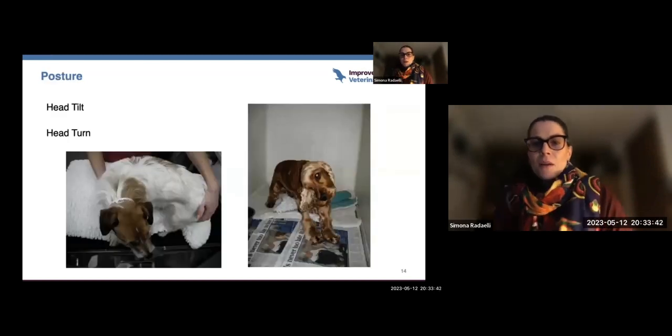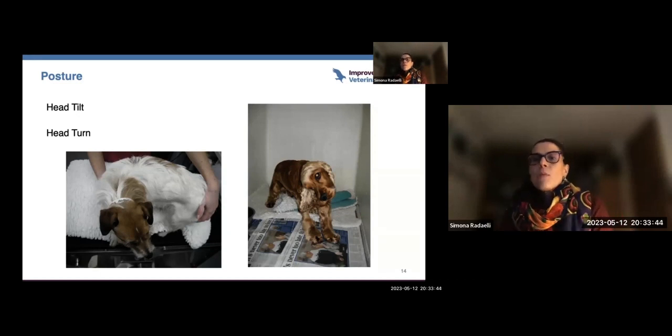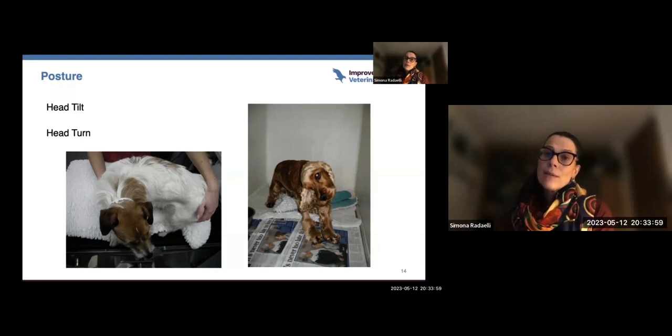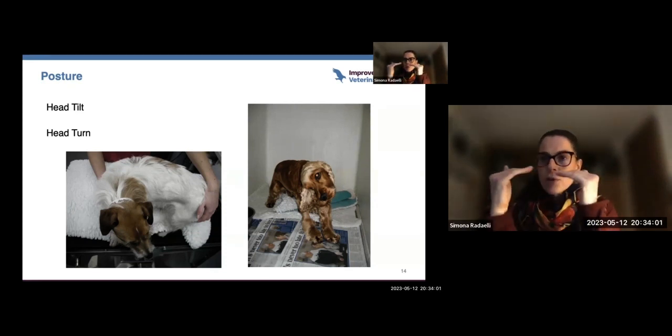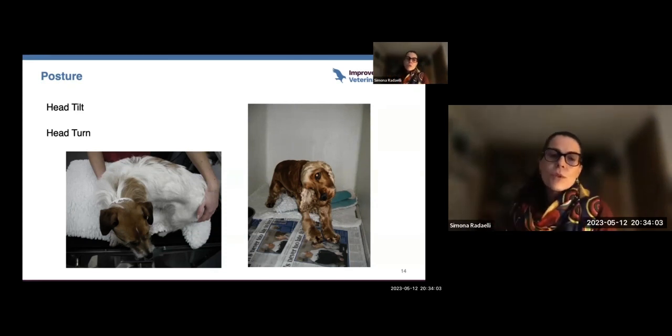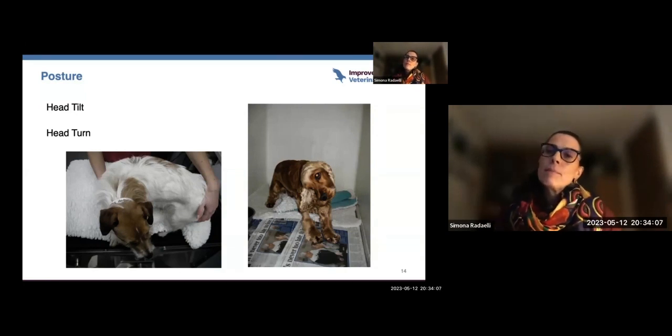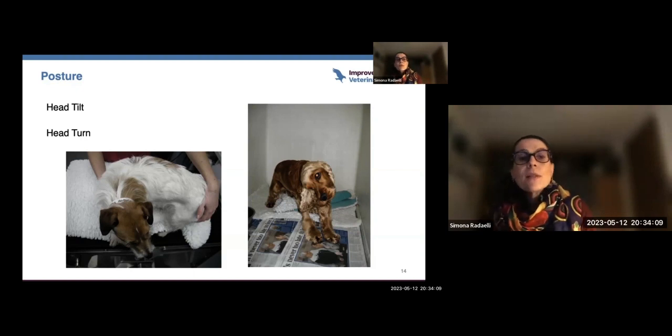Posture. Two postures that you could see commonly during your work, in clinical practice, are head tilt and head turn. So on your left, you have a head turn. So the dog is turning its head towards the side. So the eyes and the ears are kept horizontal, but the nose is turned towards the side. This is again due often to a forebrain lesion and sometimes to neck pain as well.